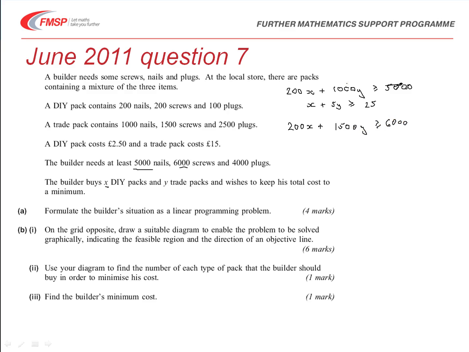So once again, we can look to see what we can divide through by. We'll divide through by 100 this time, and that will give us 2X plus 15Y greater than or equal to 60.